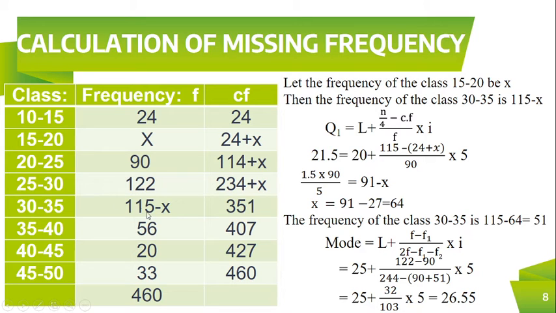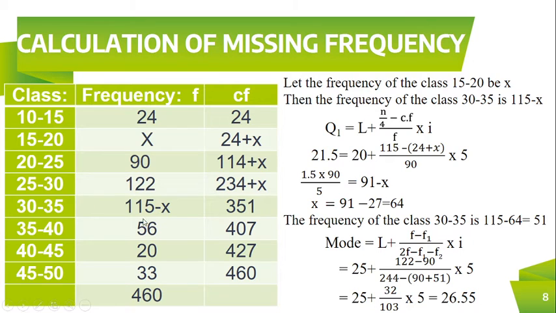So once 64 is found out, we know 30 to 35 is 115 minus 64. The frequency is 51. So the frequency is found out for this, and this is 64. The X value is 64. So the question asks us to find the mode. Having found out the missing frequency, we can proceed to find the mode.